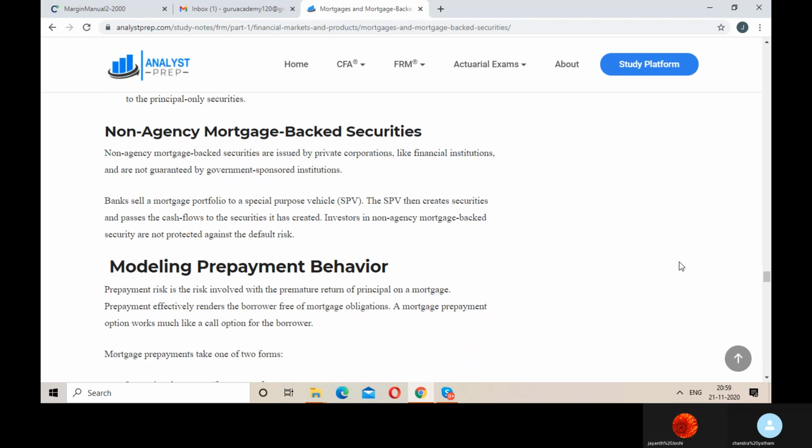Banks sell a mortgage portfolio to an SPV. We know how it happens. Banks transfer whatever mortgages they have to the SPV. The SPV converts that into securities and sells them to people, and that goes through the pass through model, as we saw yesterday.